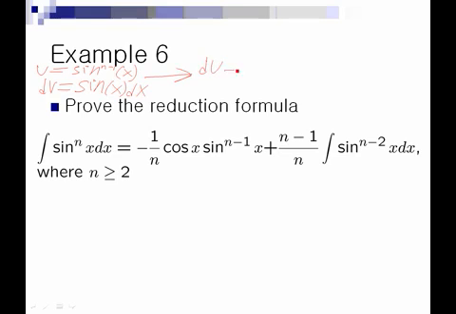Okay? So if you were to differentiate u to get du, you'll get n minus 1 times the sine of n minus 2 of x dx. And the antiderivative of dv, the simplest form for v, is going to be a negative cosine of x.